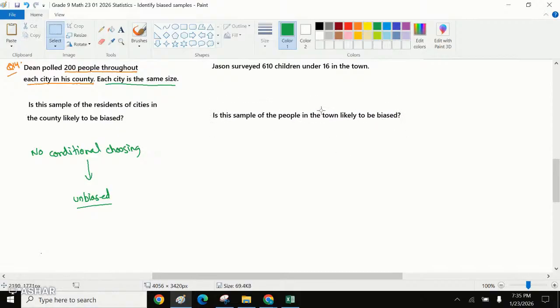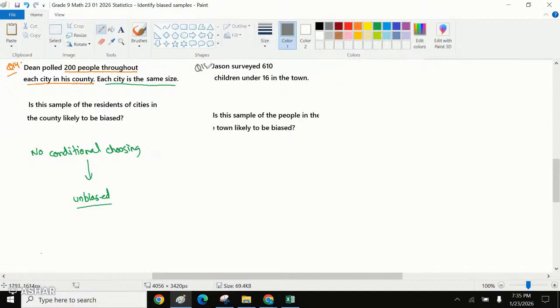Is the sample in the town likely to be biased or unbiased? Okay. For question number 15, it says, Jason surveyed 610 children under the age of 16, right? Under the age of 16. So is this sample biased or unbiased?